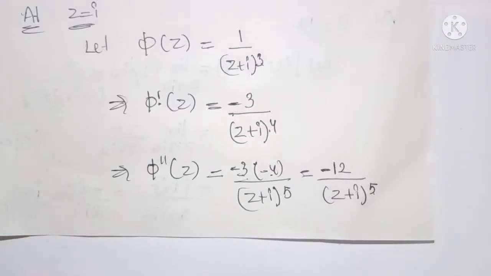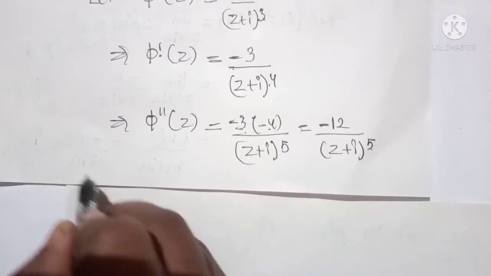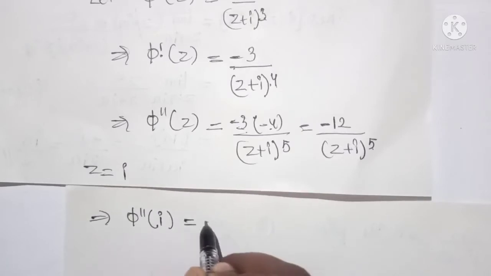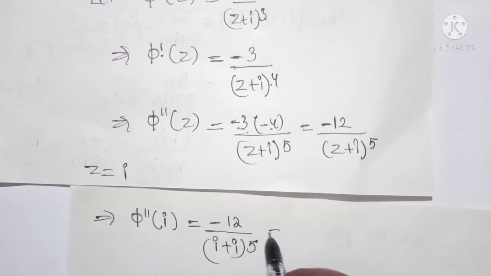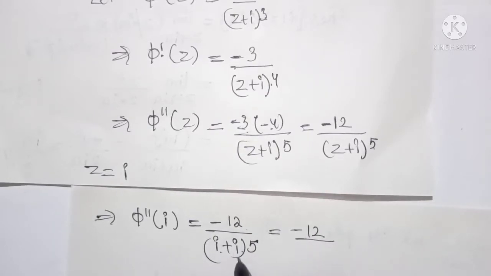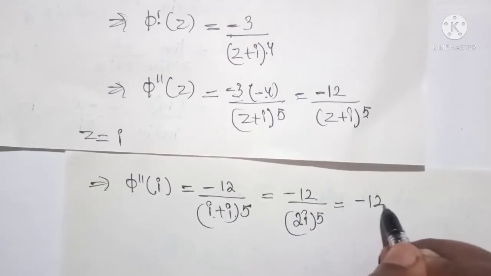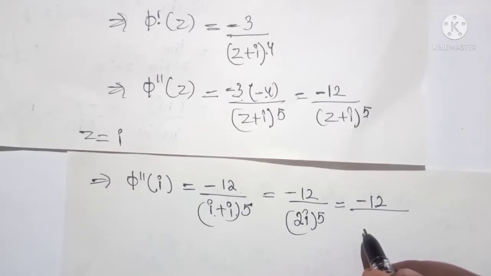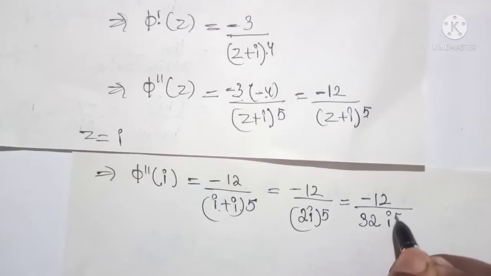Okay, so therefore phi double dash of z at z equals i. Substituting z equals i, we get 12 divided by (i plus i) whole power 5, which equals 12 divided by (2i) power 5, which is 12 divided by 2 power 5, so 2 power 5 is 32, into i power 5.